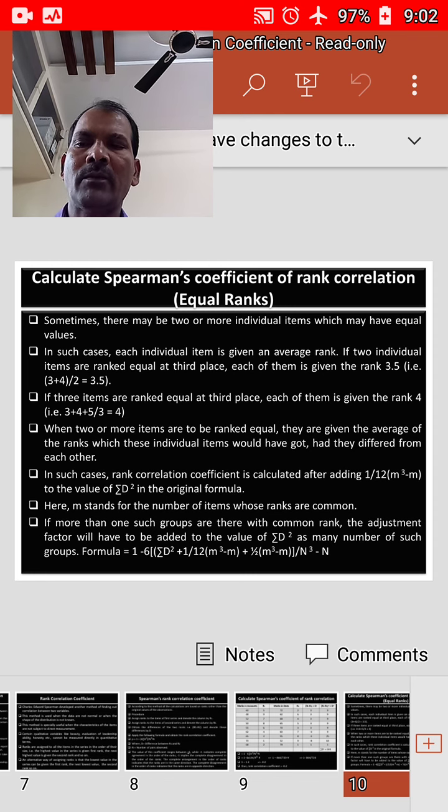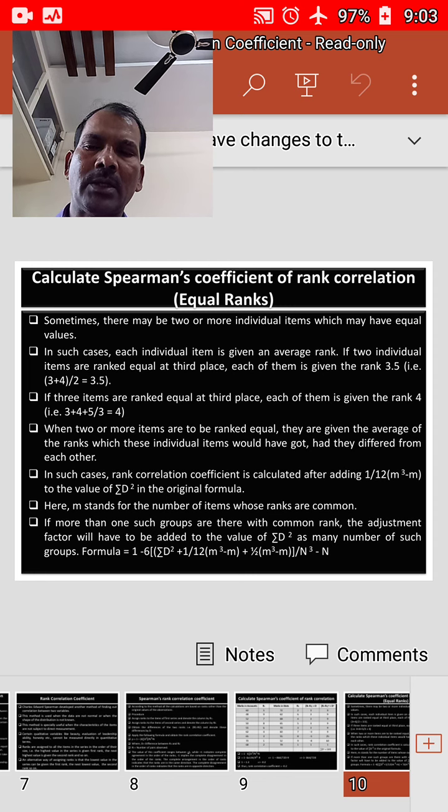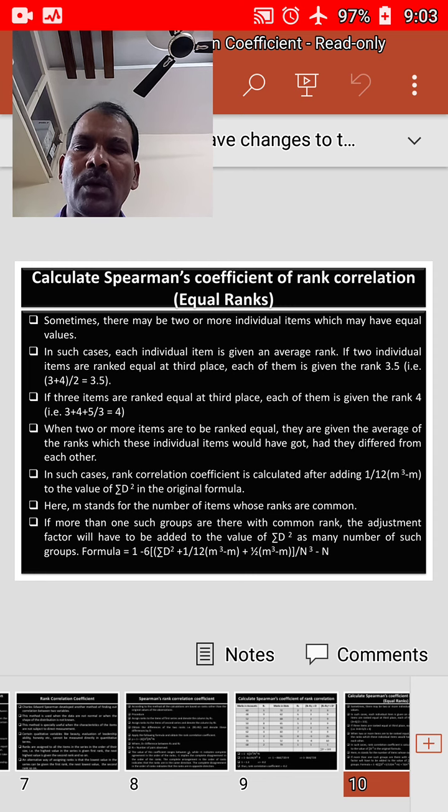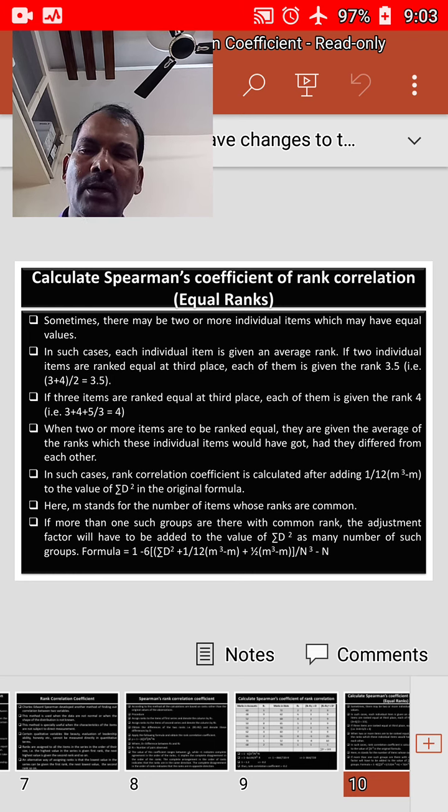If more than one such group is there with common rank, the adjustment factor will have to be added to the value of sigma d square as many times as the number of such groups. Thus the formula can be written as 1 minus 6 into sigma d square plus 1 by 12 into m cube minus m plus 1 by 12 into m cube minus m, by n cube minus n.